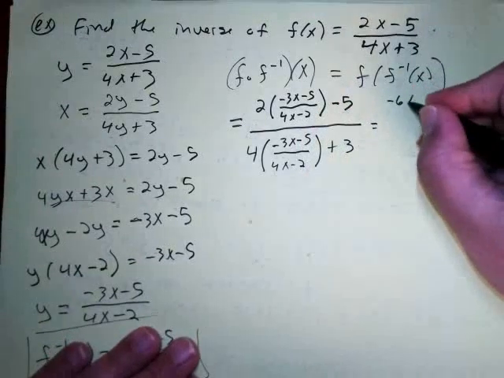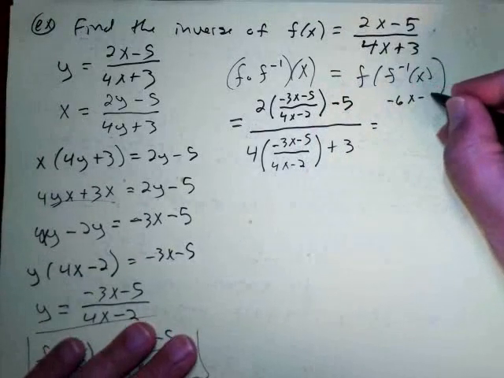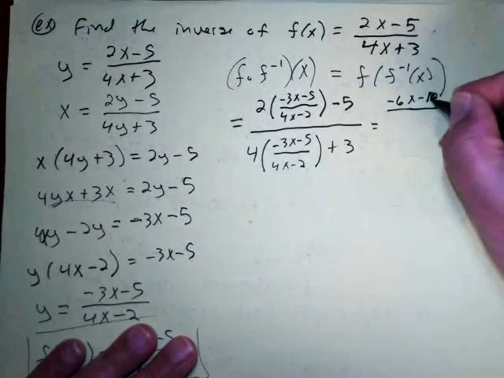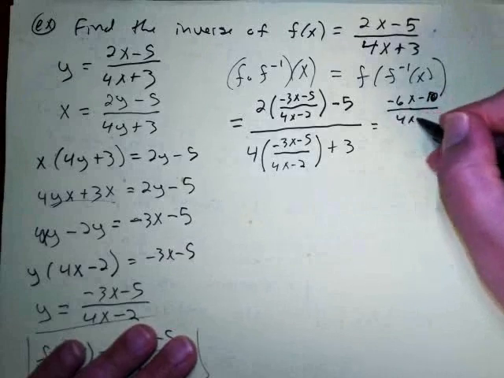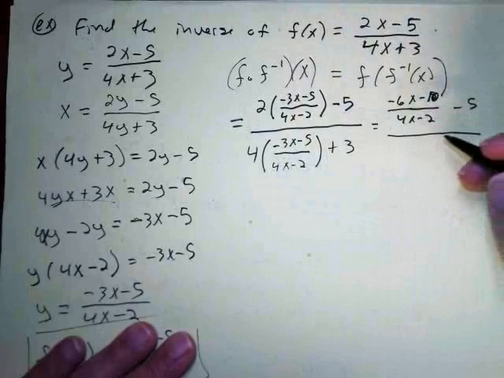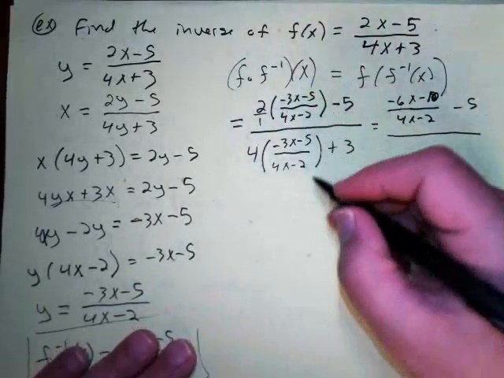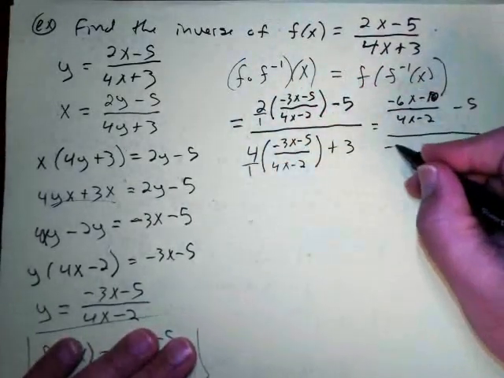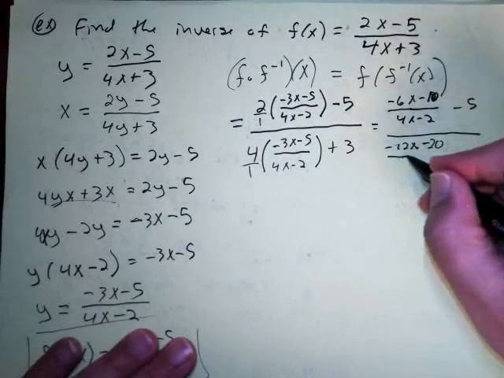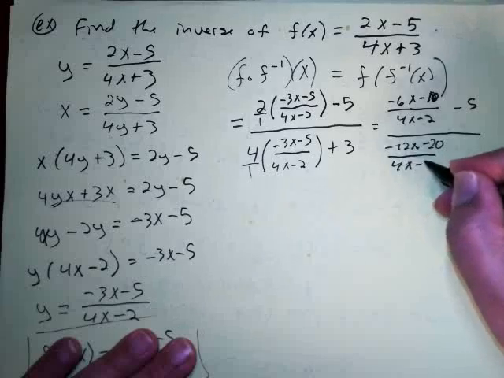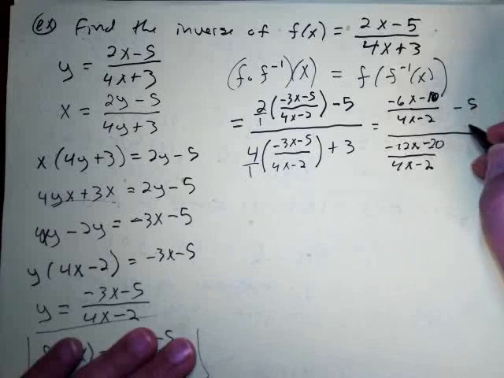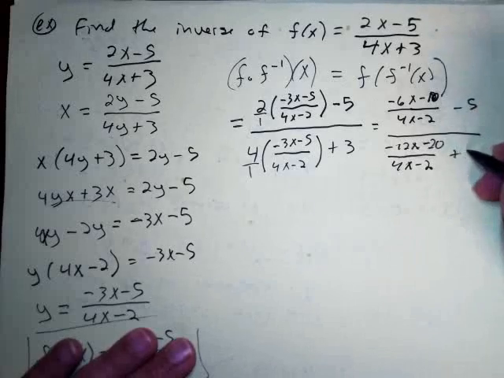So negative 6x minus 10 over 4x minus 2, all that minus 5. And then I'm going to distribute the 4 over. This is like multiplying the top and bottom. And so I get negative 12x minus 20 over 4x minus 2, all that plus 3.